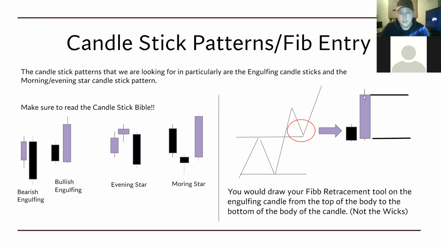So it's just the top of the body to the bottom of the body, and then it would give you your fib levels, and you would enter on the closest fib. I hope that makes sense.